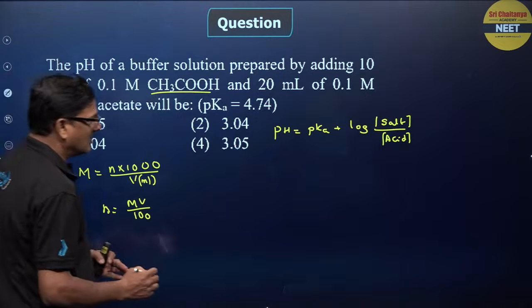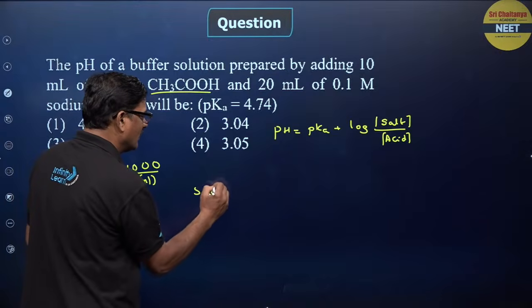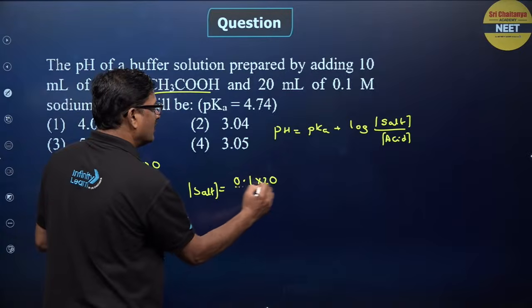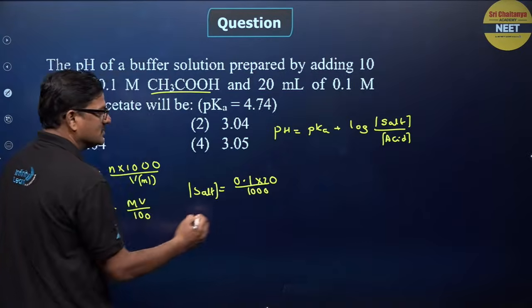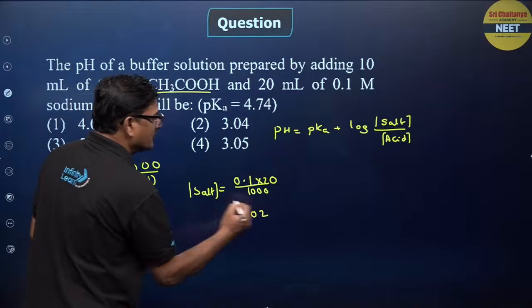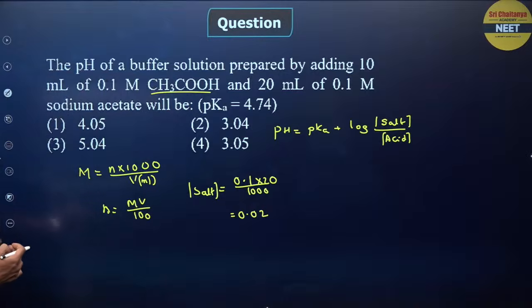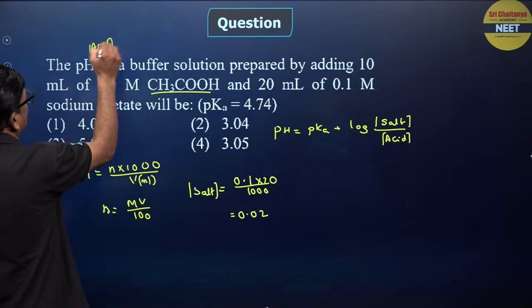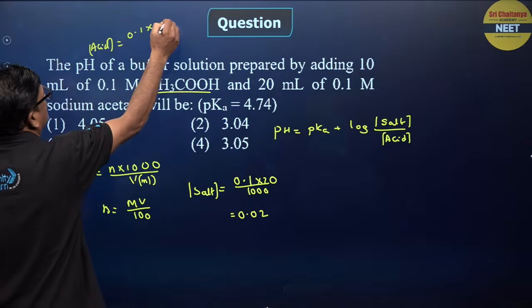How much is going to be the salt? It is going to be 0.1 into 20 by 1000, which is 0.02, isn't it? And the acetic acid amount is going to be 0.1 into 10 by 1000.